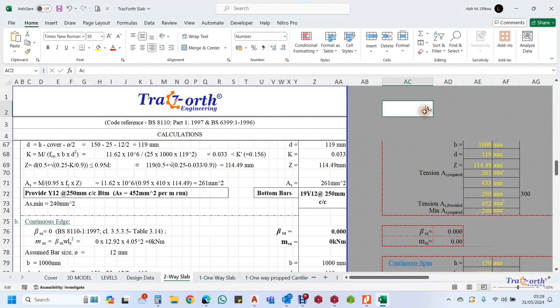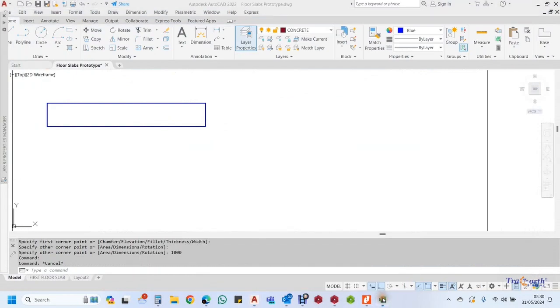So in this case, what it's saying is that you must have 0.16% of this area. So please, you have to check the code you are using, what is the relevant provision, and then you'll be good.